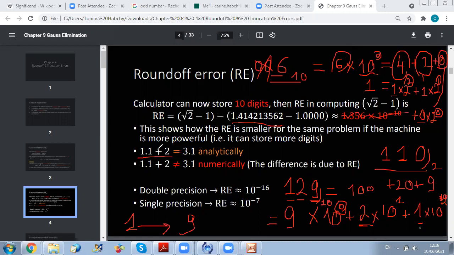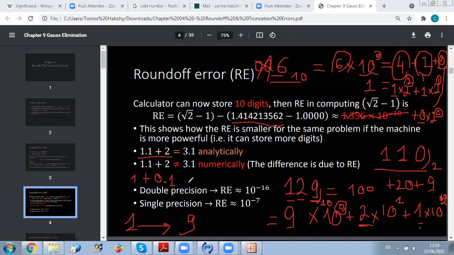So this is why sometimes I cannot obtain 100% the expected result. If I say 1.1 plus 2, it's 3.1. But on the calculator, it will be a little bit different than 3.1. I'll tell you why. Because 1.1 is 1 plus 0.1. In the decimal system, 0.1 is a rational number.